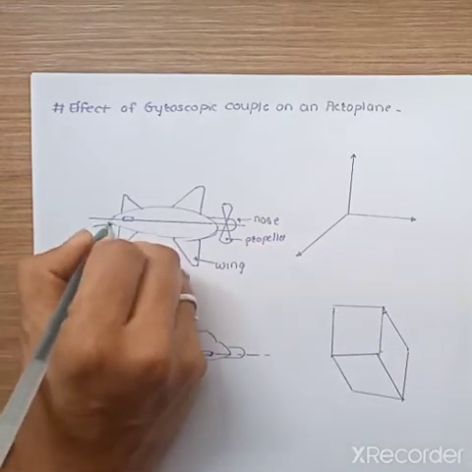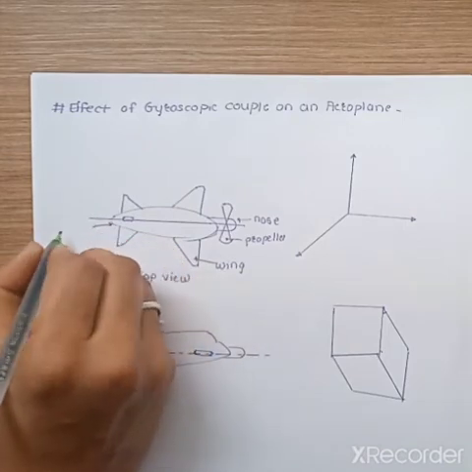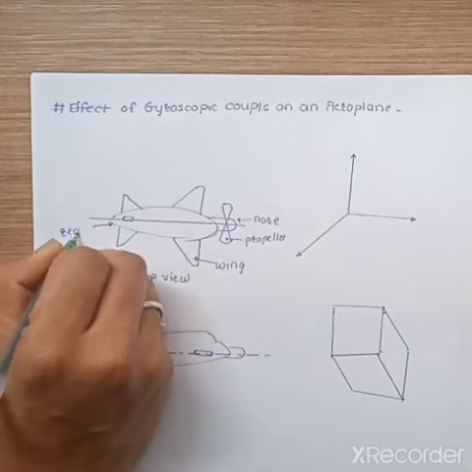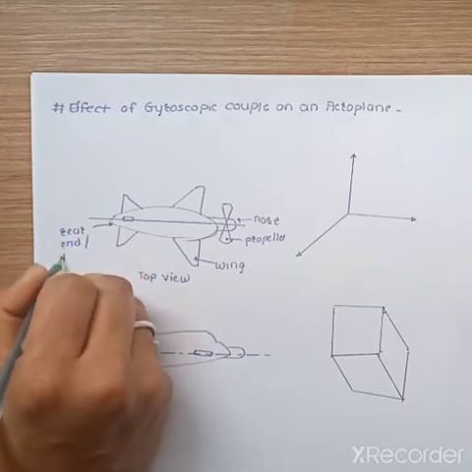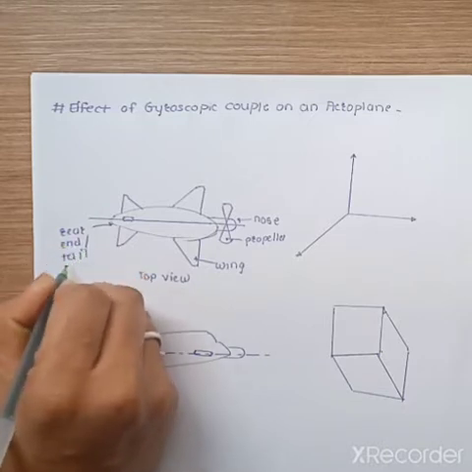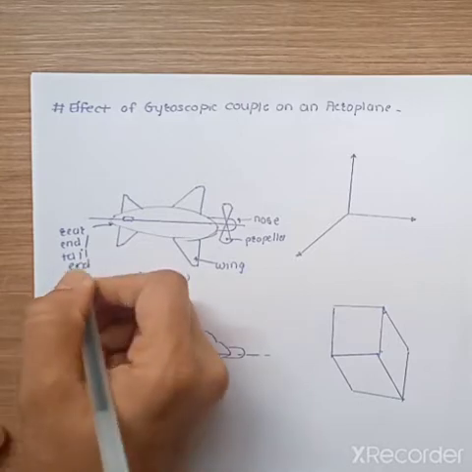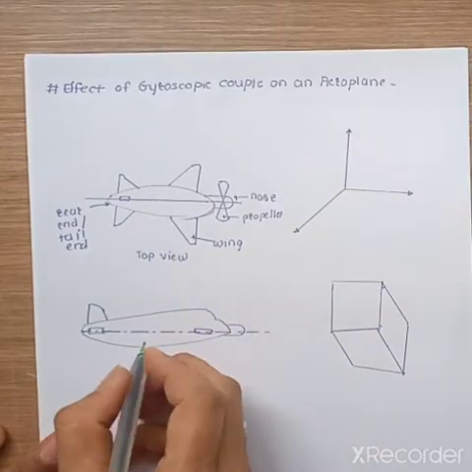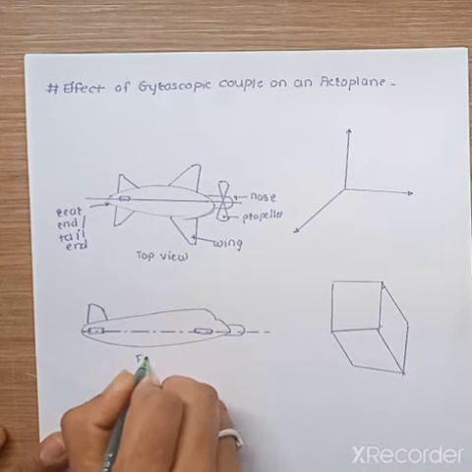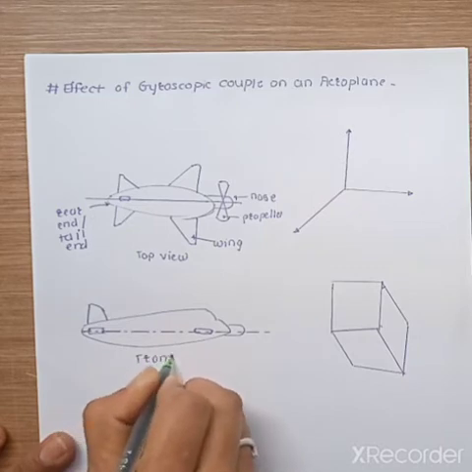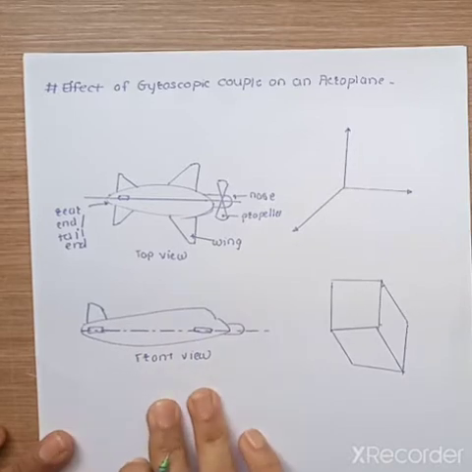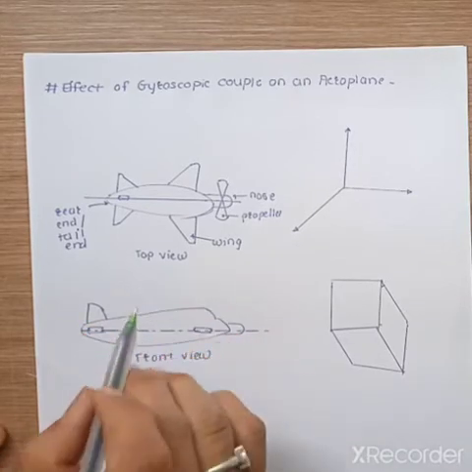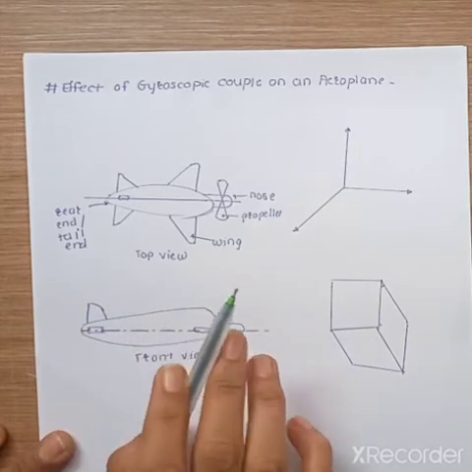This is the rear end or tail end. And let's consider this as the front view of the aeroplane. Okay, the top view and front view are as given in the figure.